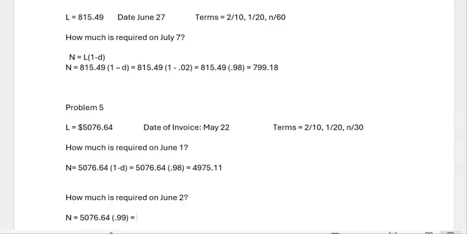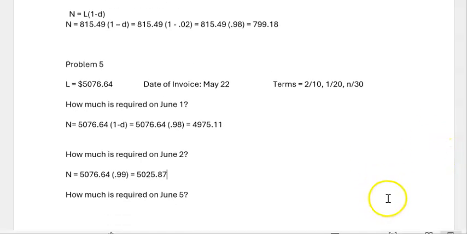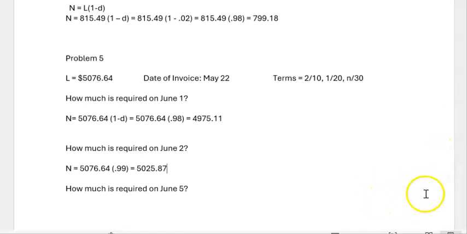Multiplying $5076.64 by 0.99, the net amount that we have to pay after they gave us a 1% discount is $5,025.87.